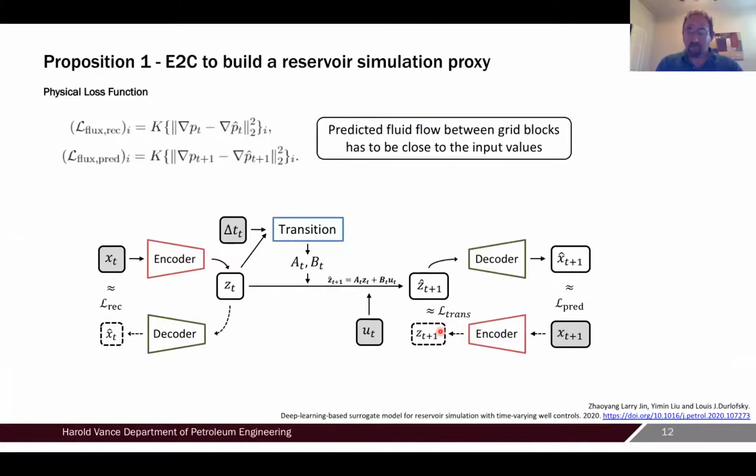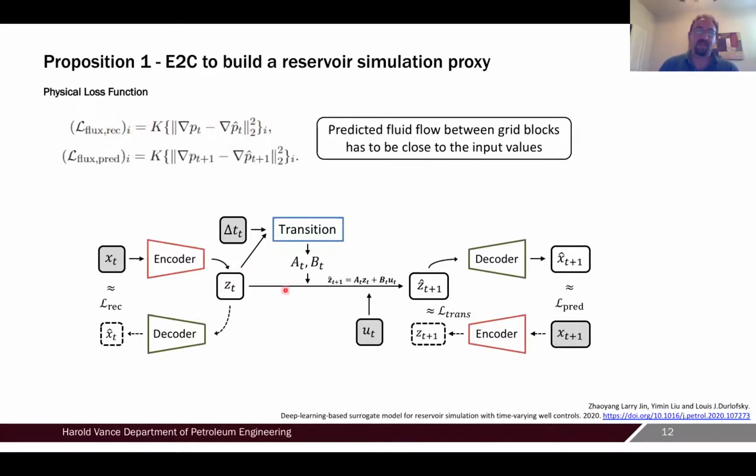Right? There's a paper, last year, that used exactly, coming from the previous paper that I showed, for porous media the notion of flux. Here we want to train this encoder decoder in such a way that we keep, in some ways, the material balance of the system. Okay, the material balance of the system.